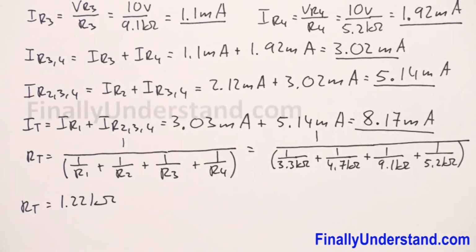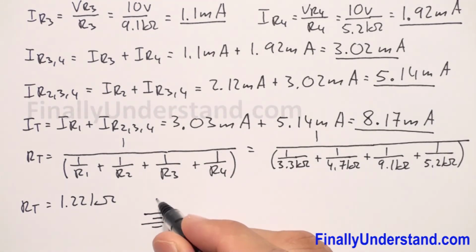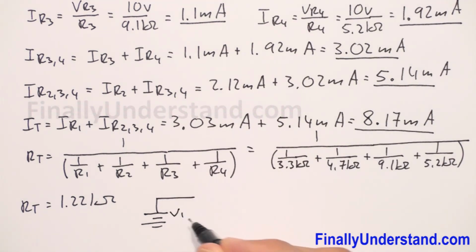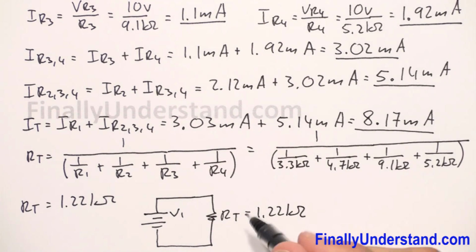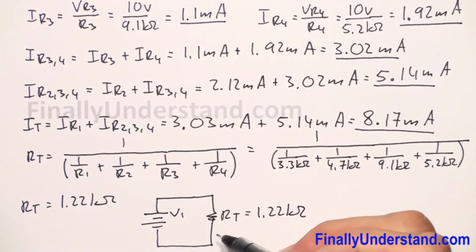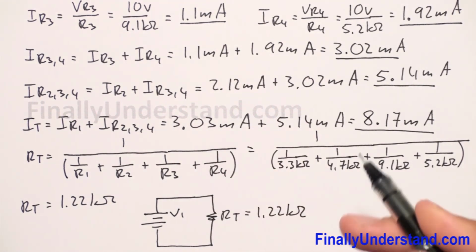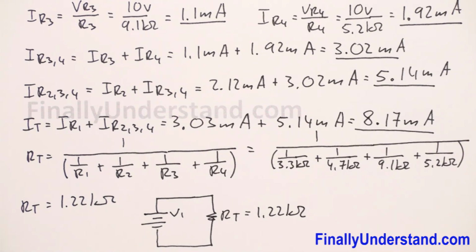What it means is that this circuit could be replaced by a circuit which looks like this. We have voltage source V1, and we have resistance R total, which is equal to 1.22 kilo ohms. So I can simply say that these two networks are equivalent.